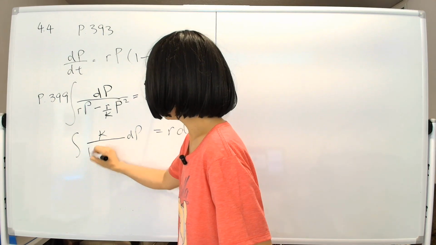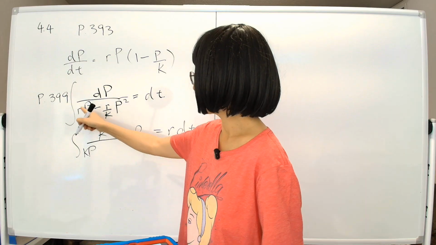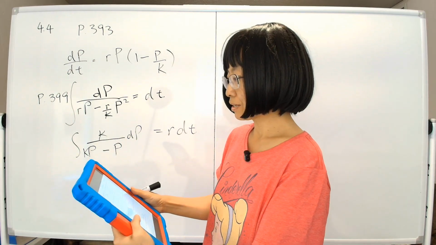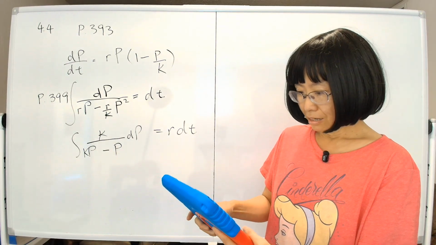Then we have P minus K P, so K will come over here, minus P, which is a better equation. This is on the next page.